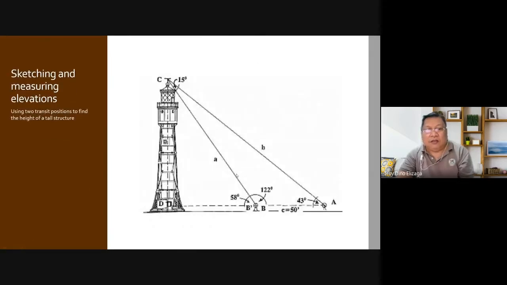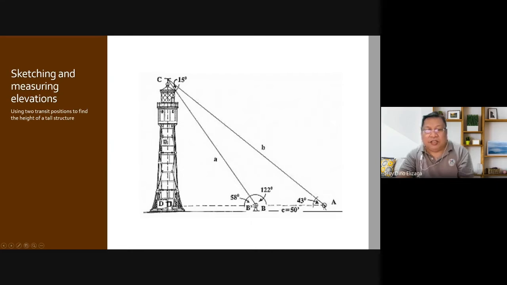Now, what if the building is too tall? Say this lighthouse, it's not possible for you to go up to this point, letter C, and measure to B. So what you do is find the center point of the structure and then go far somewhere at 2 points.